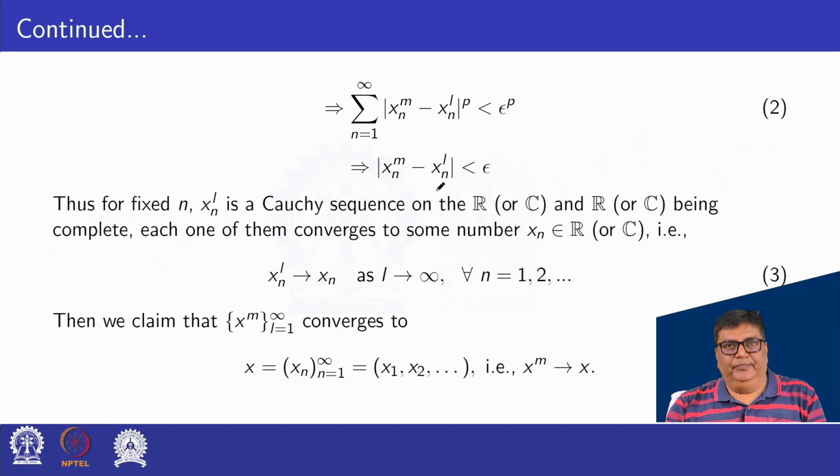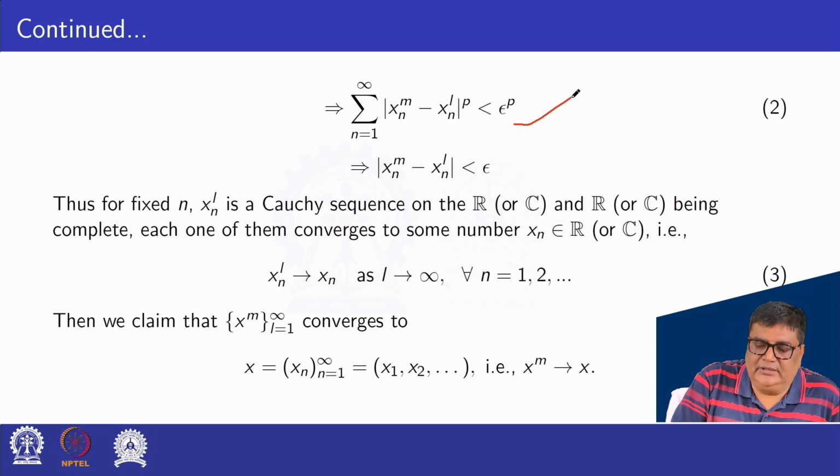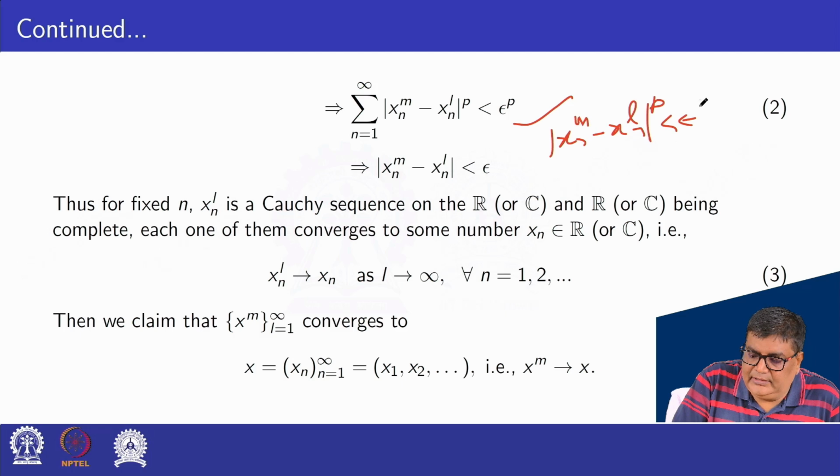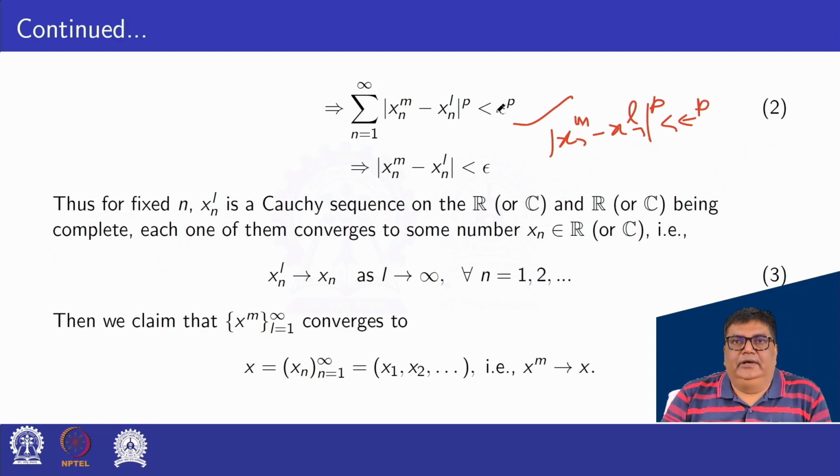Taking the pth root of both sides, we get |xmn minus xln| less than epsilon.